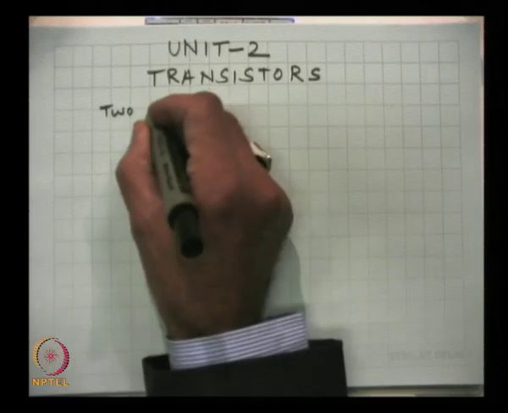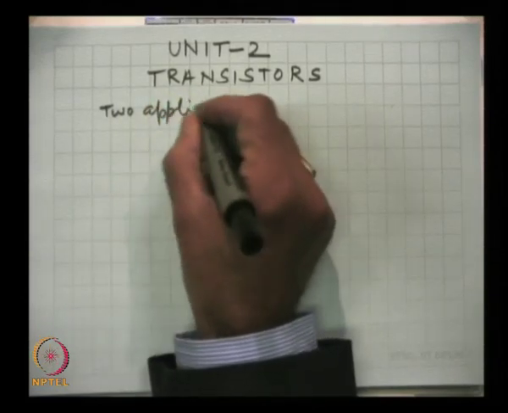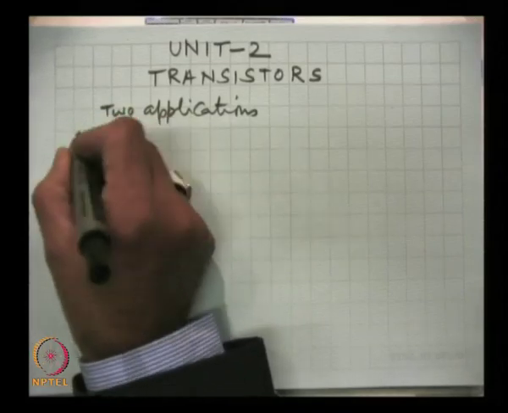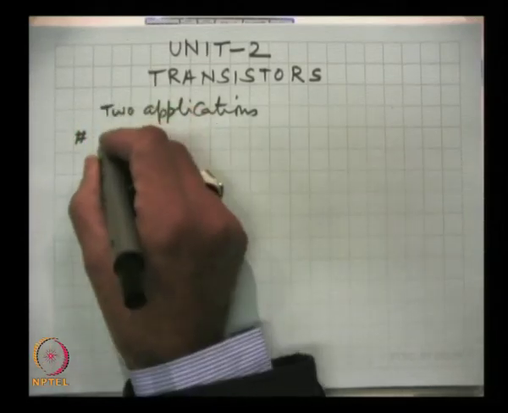Next unit is on transistors. Transistors, as we will see during our discussion, have two major applications. The first one is as an amplifier.